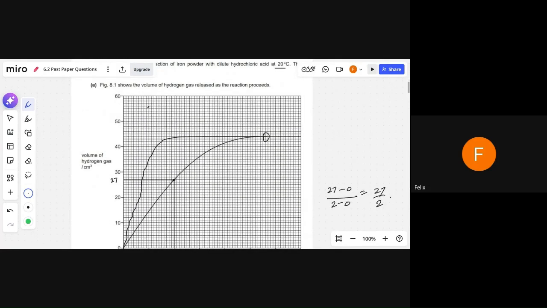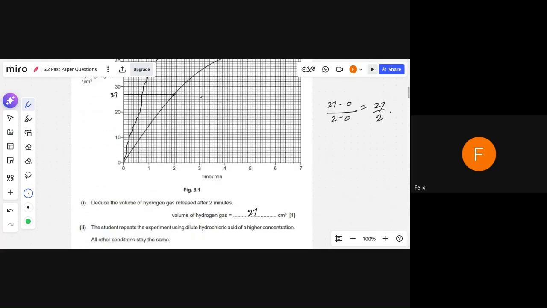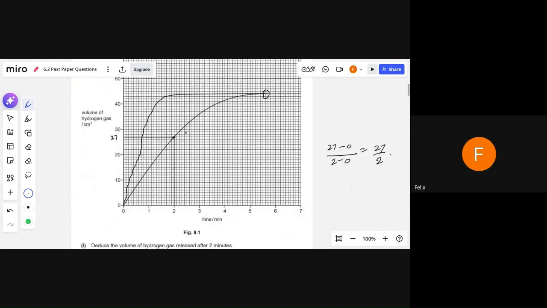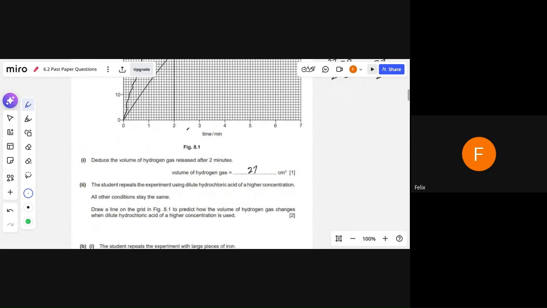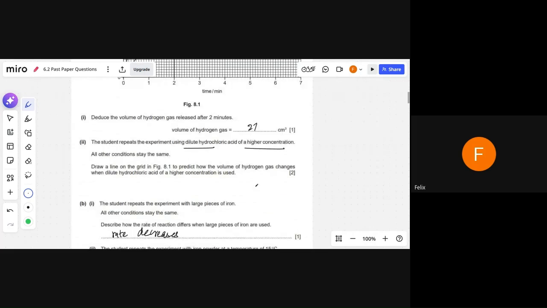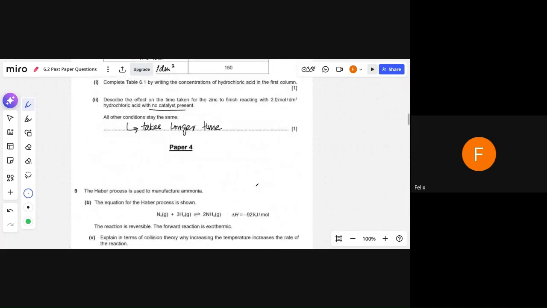This one. And the plot where they asked us to draw this graph. Yeah, the dilute hydrochloric acid of a higher concentration, so it's going to increase the rate of reaction. And now we move on to the next part.